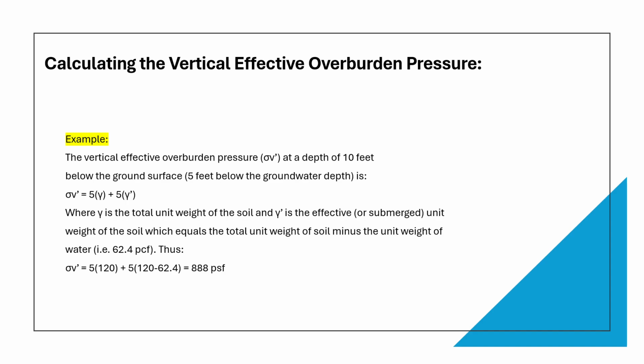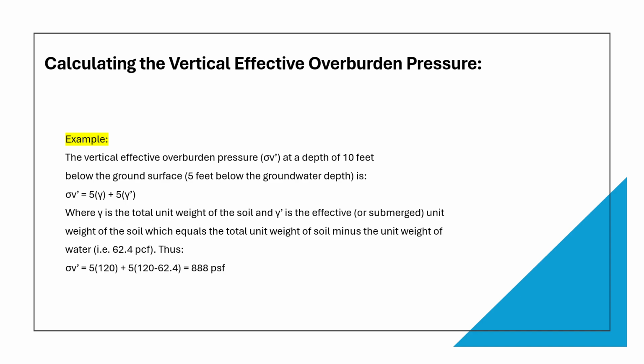For instance, assume that the soil has a total unit weight of 120 PCF, or pounds per cubic foot, and the groundwater level is 5 feet below the ground surface. The vertical effective overburden pressure at a depth of 10 feet below the ground surface, or 5 feet below the groundwater depth, will be calculated by this formula.